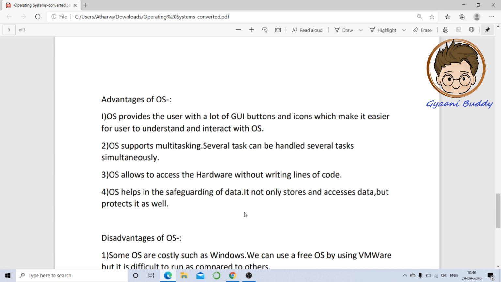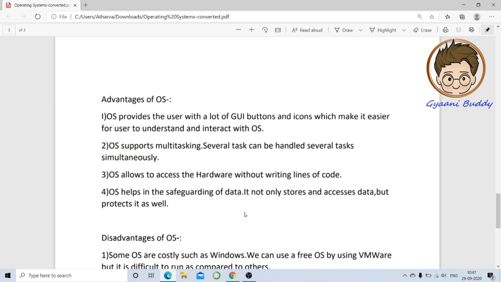Now, a real life example of this multitasking is that whenever you are doing a particular assignment, you do it in a Word file. Now, at the same time, if you want to listen to your favorite music, you open your music player and you play your favorite music. So, here two tasks are running simultaneously. One is the music player and second is the Microsoft Word document. So, this is an example of multitasking which is achieved with the help of OS.